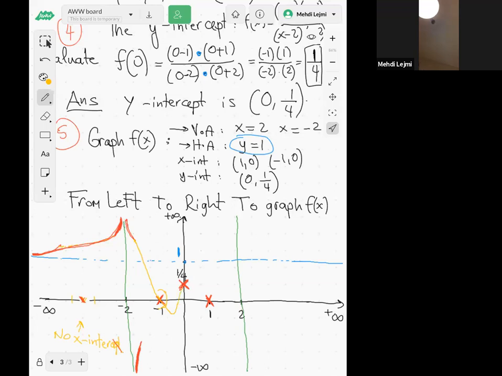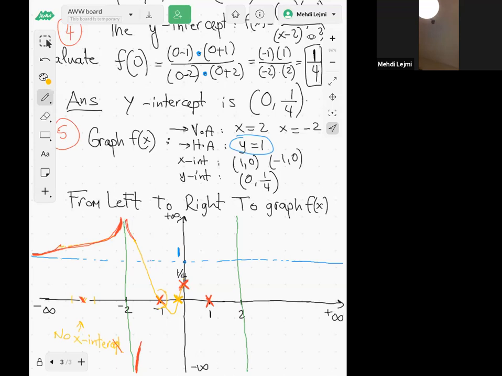But as you can see, guys, I'm going to cross. If I try to join my y-intercept, I have to cross the x-axis again. So I'm going to need another x-intercept here, but there is no x-intercept there.